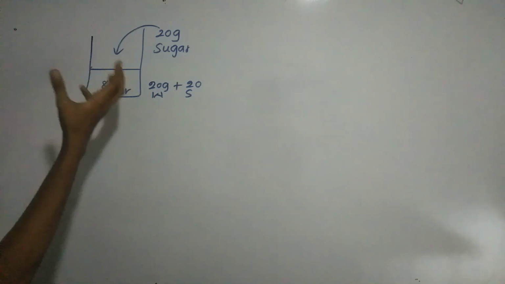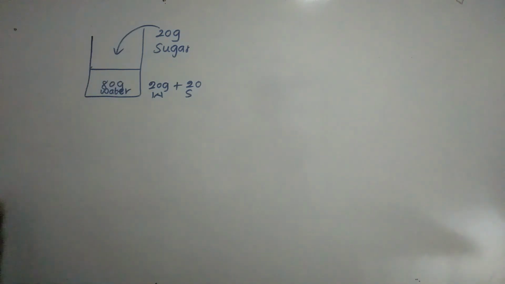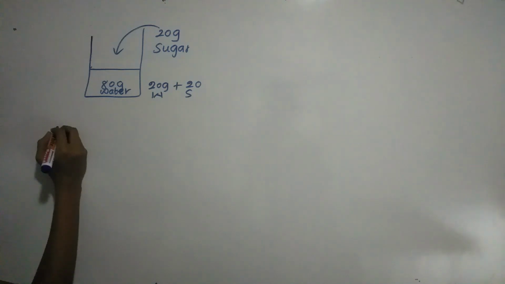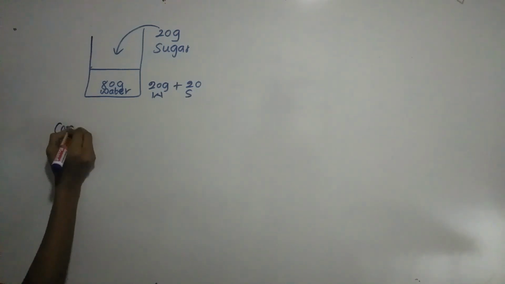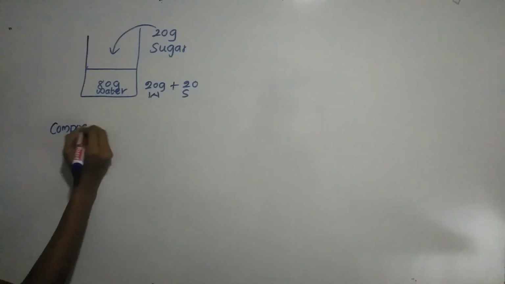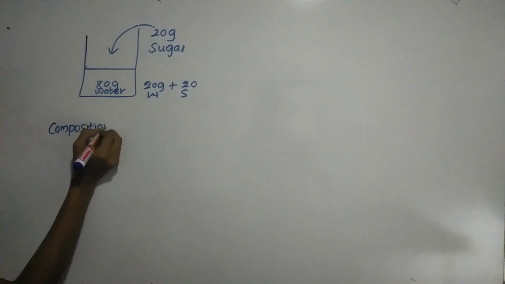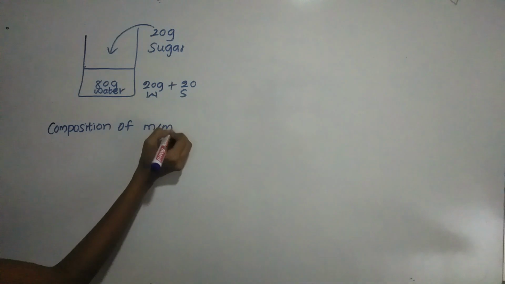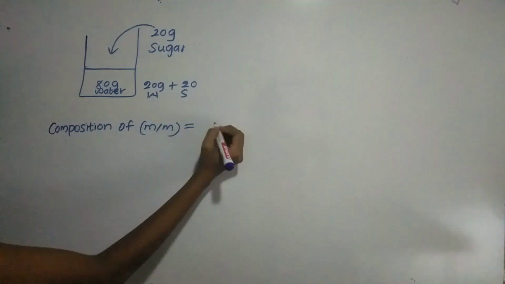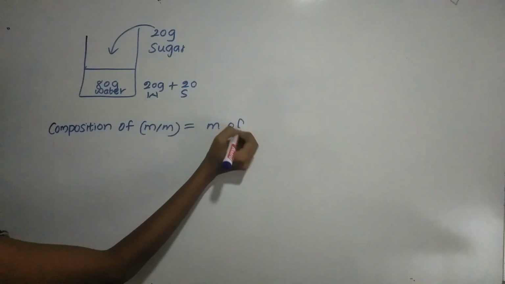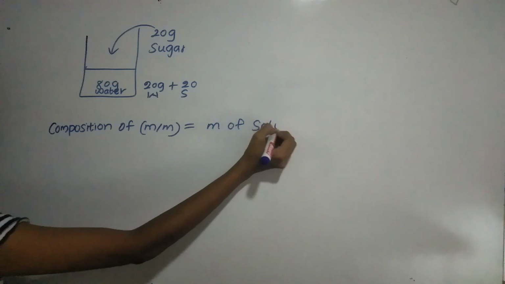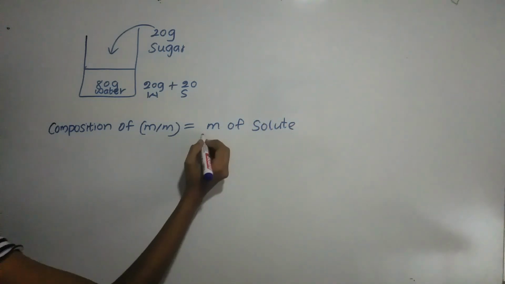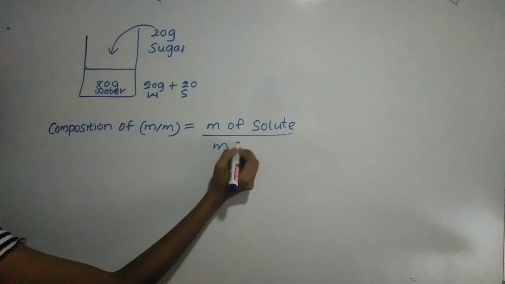When they ask us to find the mass fraction of the solution, we know the equation is composition of mass fraction equals mass of solute over mass of solution.